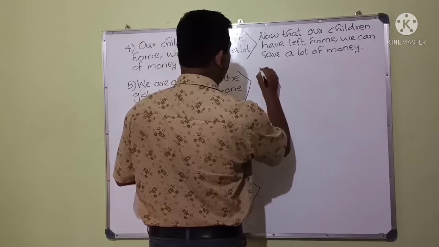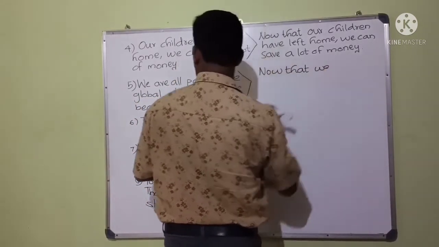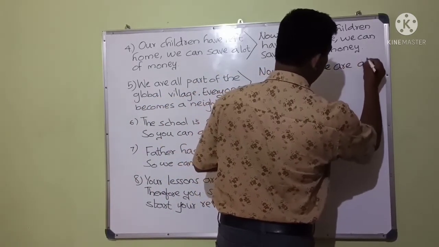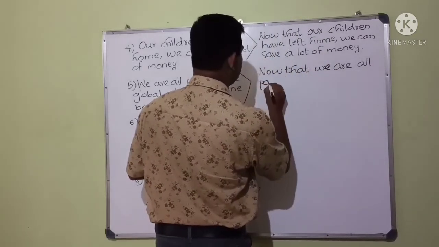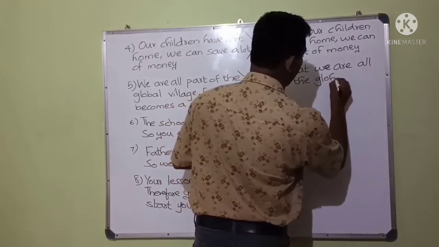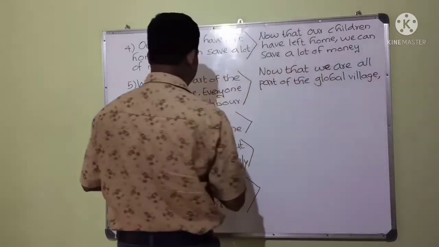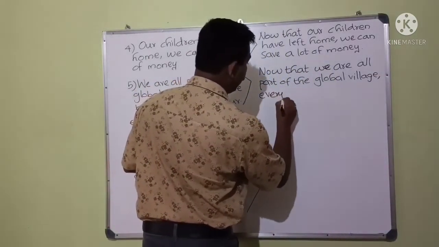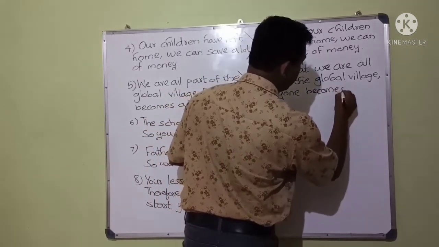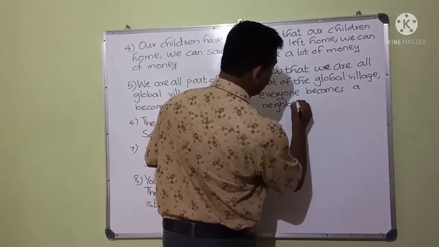Fifth one, we are all part of the global village, everyone becomes a neighbor. Okay, now that we are all part of the global village, comma, everyone becomes a neighbor.